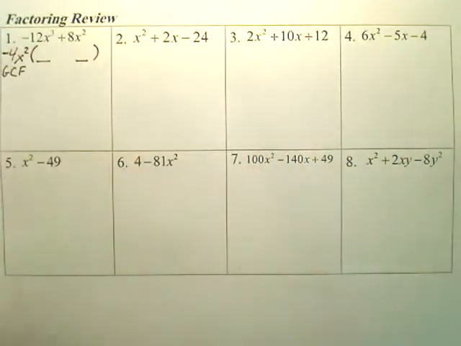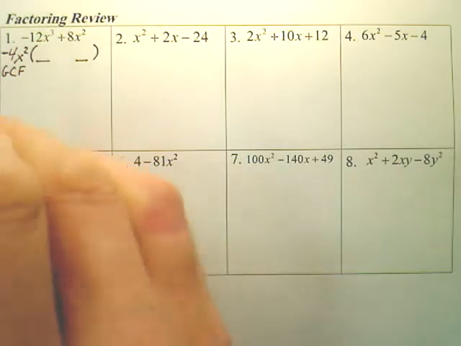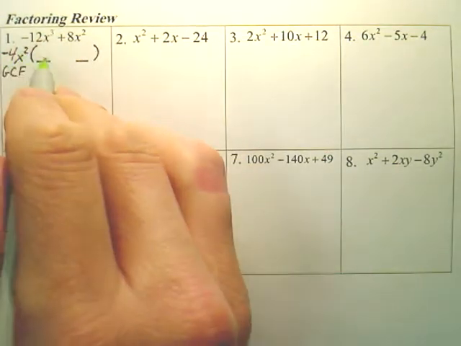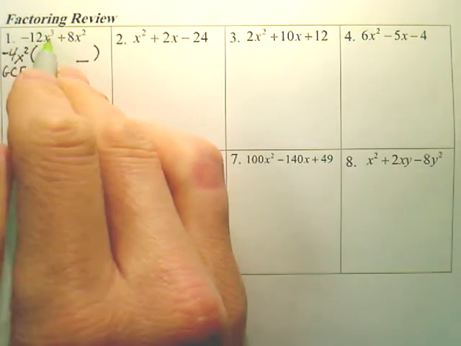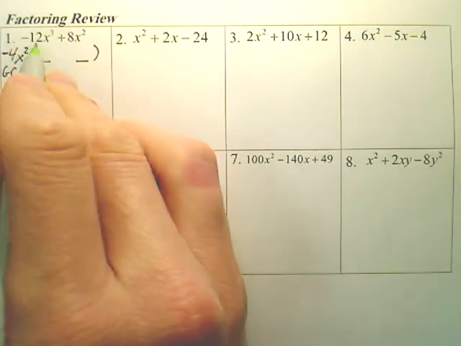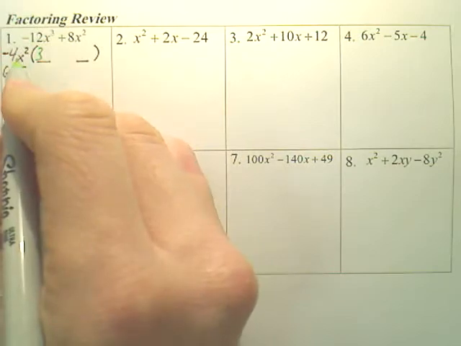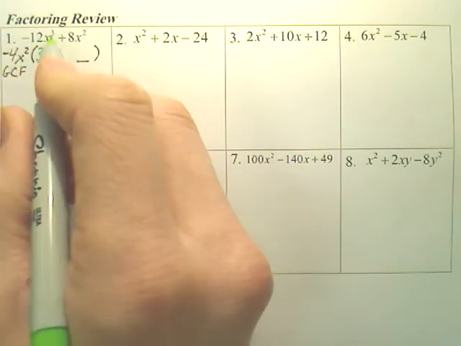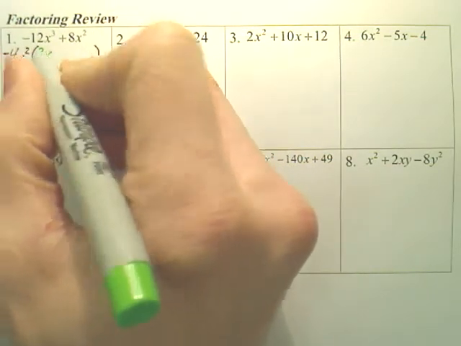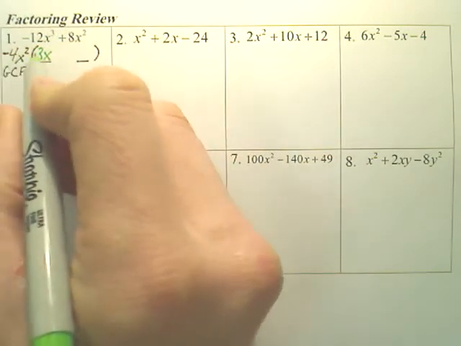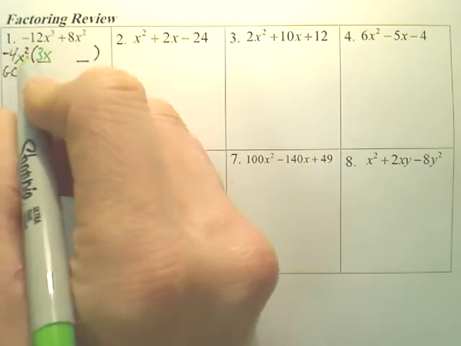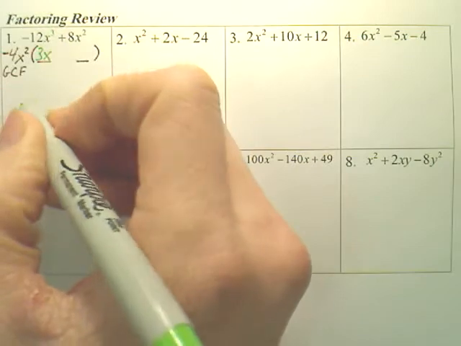Now, once you do that, we have to find the two pieces left over. Negative 4x squared times what will give us this? Negative 4 times 3 gives us negative 12. And what times x squared gives us x to the third? I think that's x. So this times this gives us negative 12, and this times this gives us x to the third.